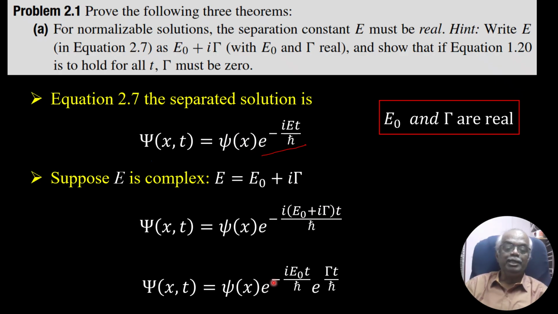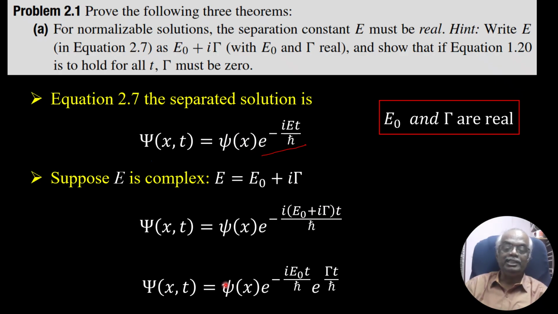One is e power minus i E naught t over h cross. The other one is, this i into i is i squared, which is minus 1, then minus of minus will become plus. So the next term is e power gamma t over h cross. So we have further separated the exponential term into two parts.